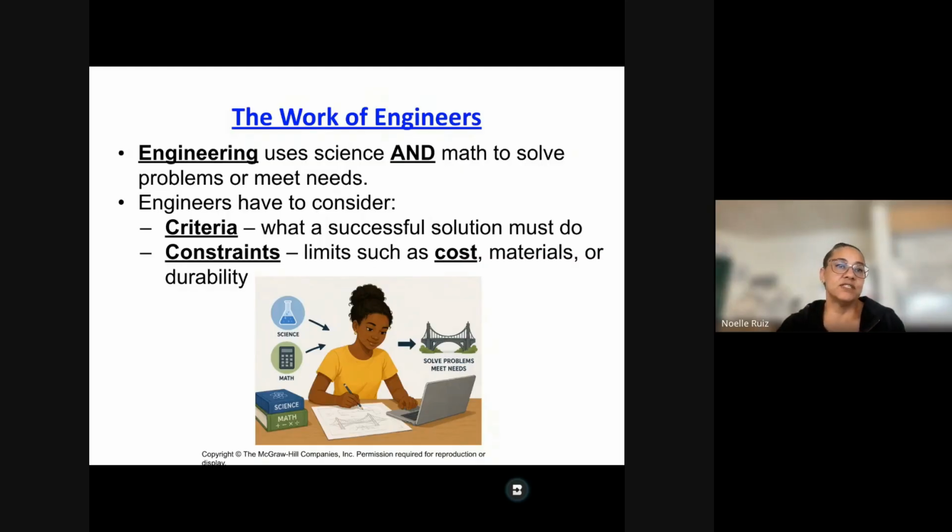So engineers have to consider criteria. Criteria is what a successful solution must have or must do. If we want a successful solution to a problem, there are logical constraints we have to consider. Constraints are limits, such as cost, materials, or durability.